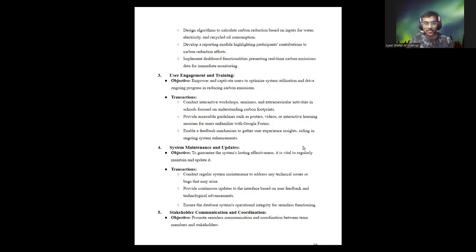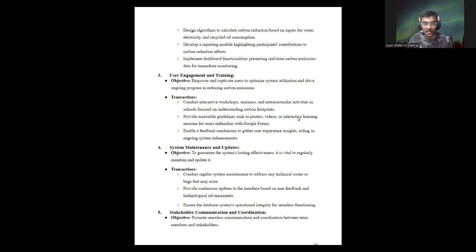So here the transactions will be like: first, conducting some workshops, seminars, and extracurricular activities as well. Then provide accessible guidelines such as posters, videos, or interactive learning sessions. Then enable a feedback mechanism to gather user experience insights, aiding ongoing system enhancement.